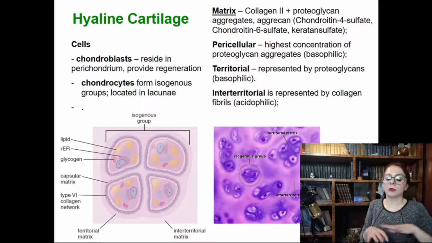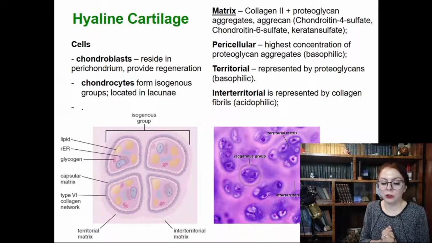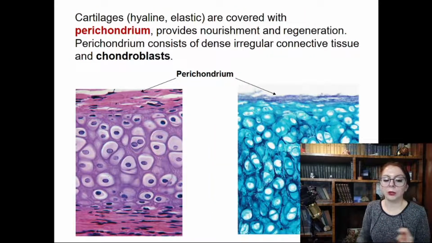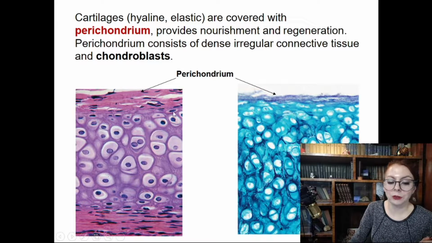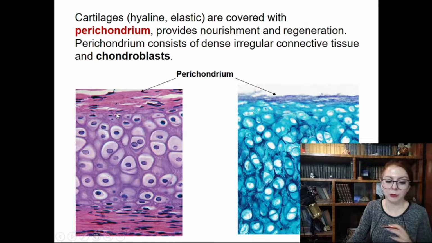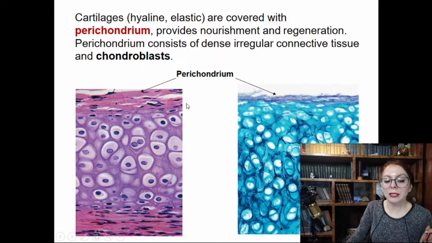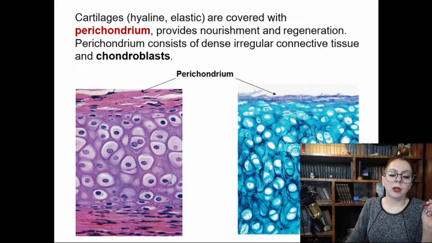Okay, in general, we have considered the structure of the hyaline cartilage, and now let's move on. Also we have to add that on its surface, almost everywhere except the articular surfaces of our bones, there is a perichondrium. Perichondrium is a dense connective tissue with blood vessels and chondroblasts.